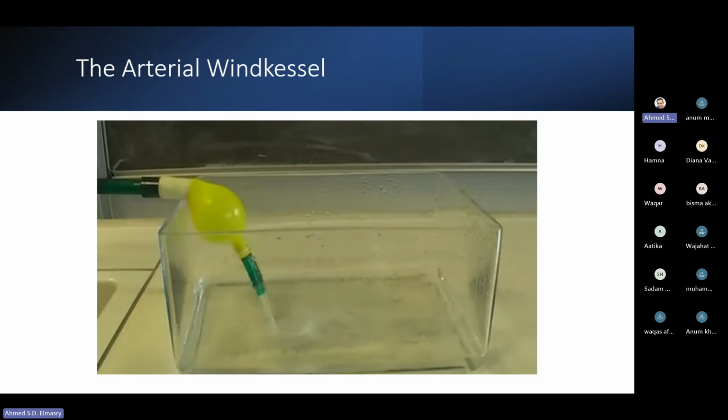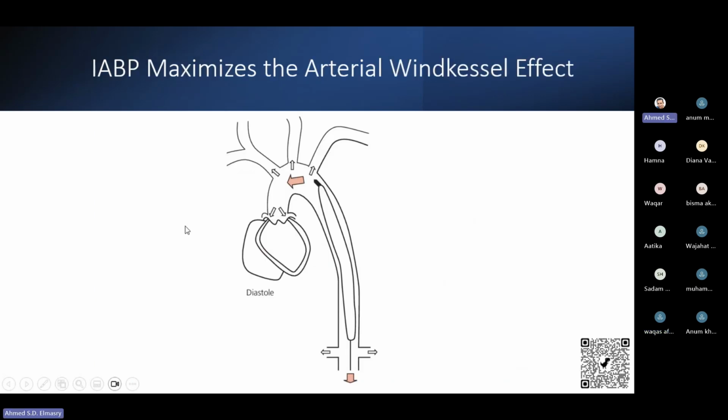So what will happen during the run of the intra-aortic balloon? The balloon, as we know, inflates during the diastole, right? So it will increase the perfusion to the organs, the brain and the heart and distal organs during the diastole.